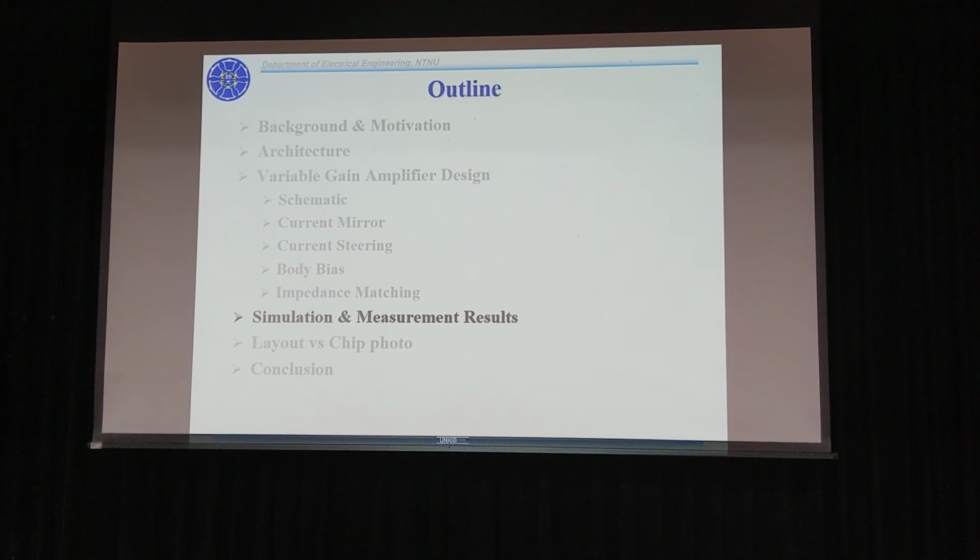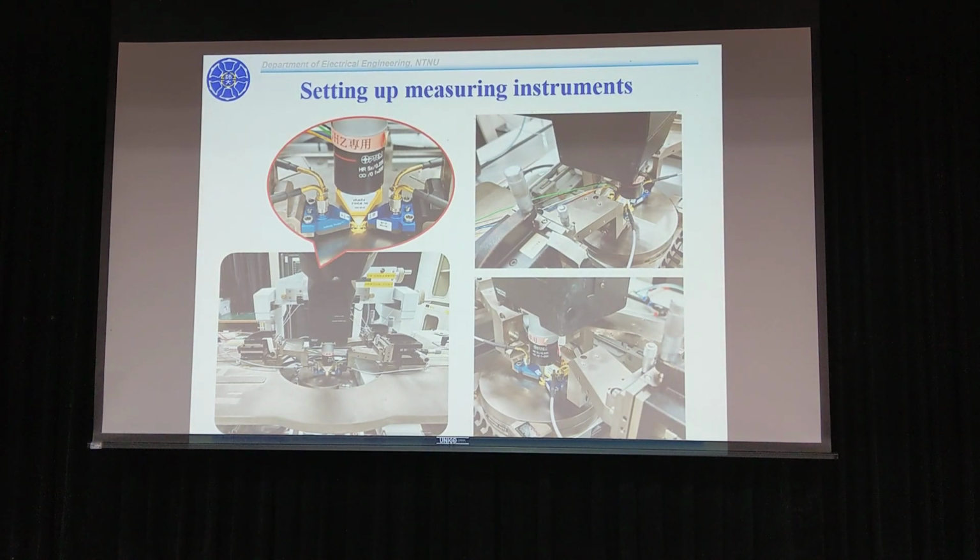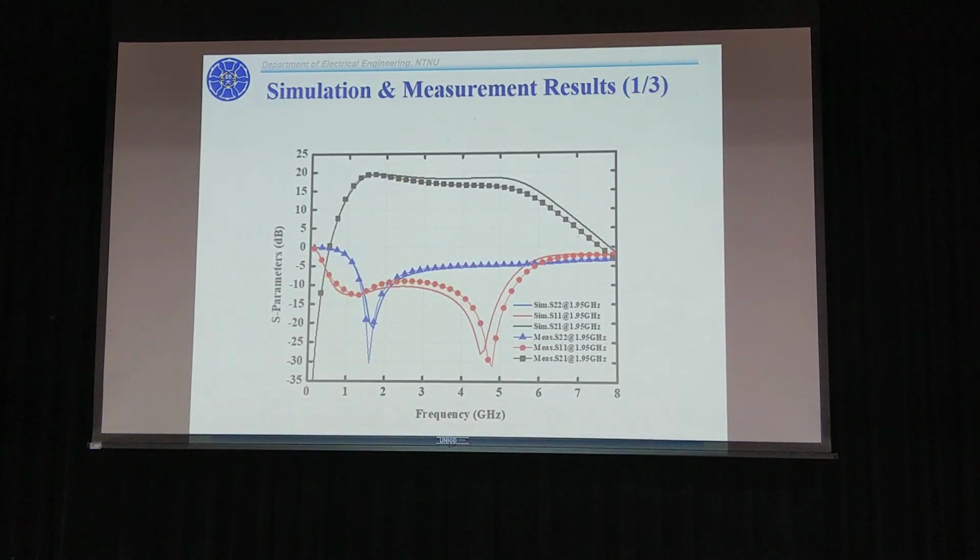Next, I will introduce simulation and measurement results. Before showing the characteristic results, I would like to show you the setup image of the chip during measurement. In the image, the part on the left is for input, the one on the right is for output, and the top is for biasing the transistor.